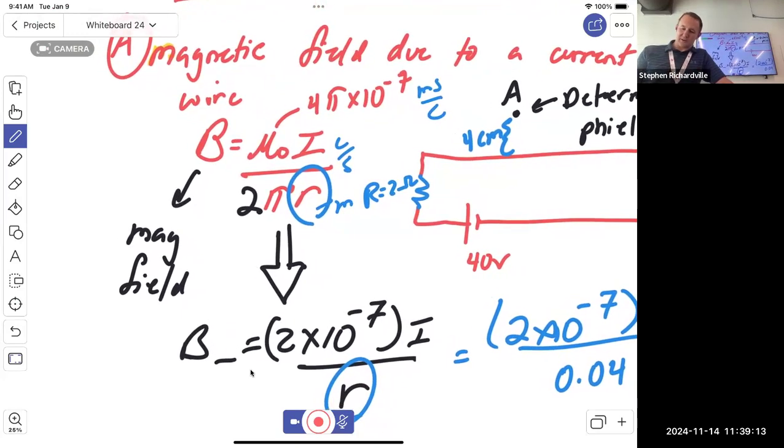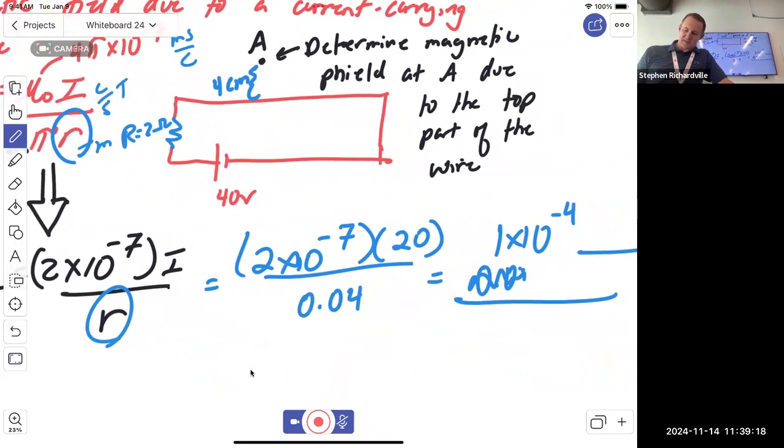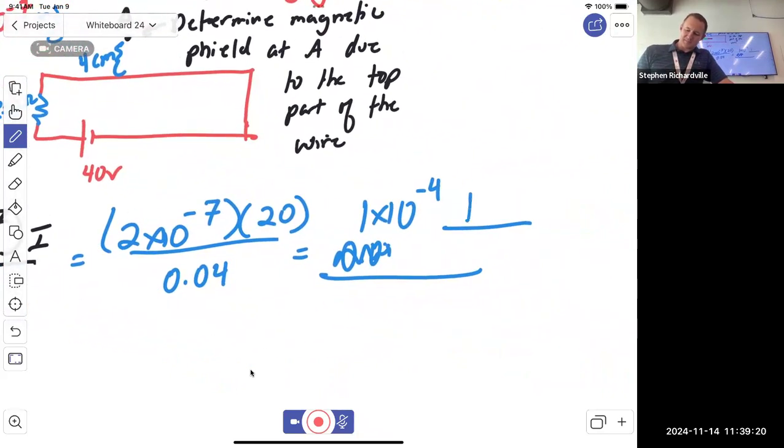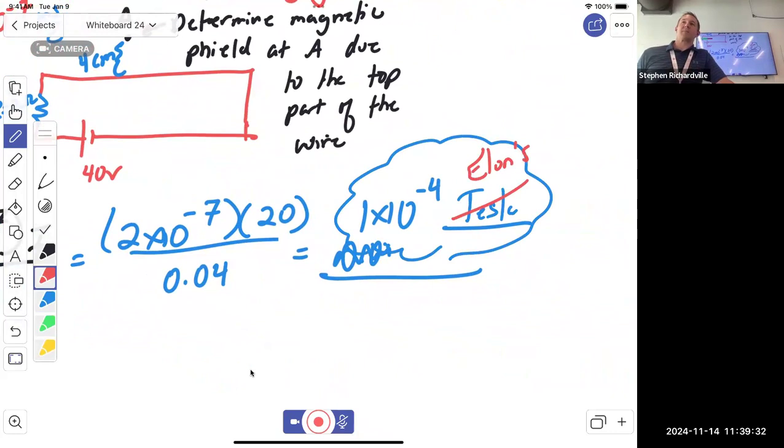But when do we need our Tesla in there? Tesla. Like Nicole does. Elon's. They're 10 to the negative 4 elons. Wait, what? It's Tesla.